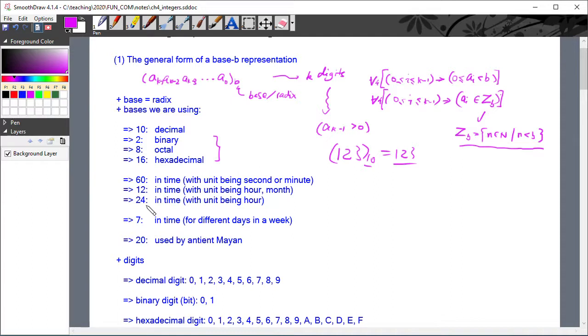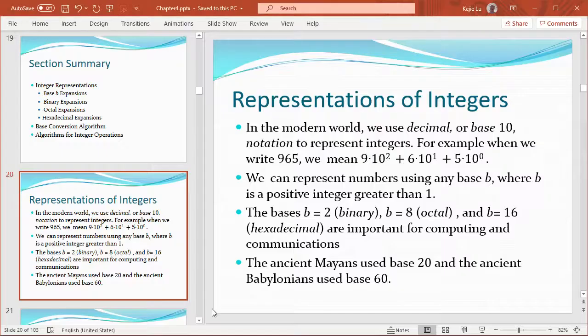You can consider that there are a total of 7 different digits. And finally, somewhere in the textbook, we have this ancient Mayan. They use base 20.